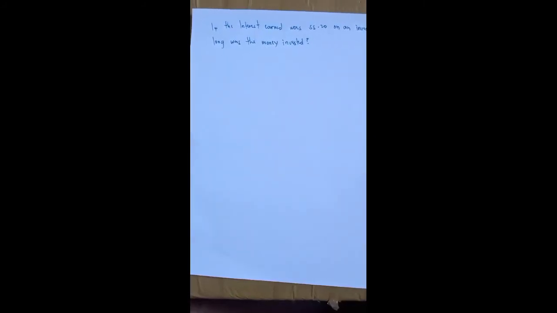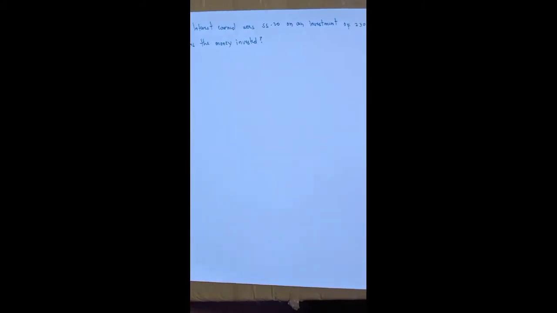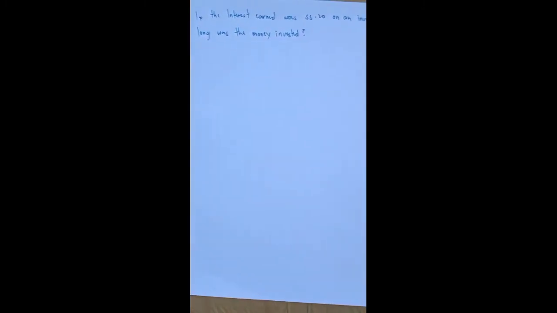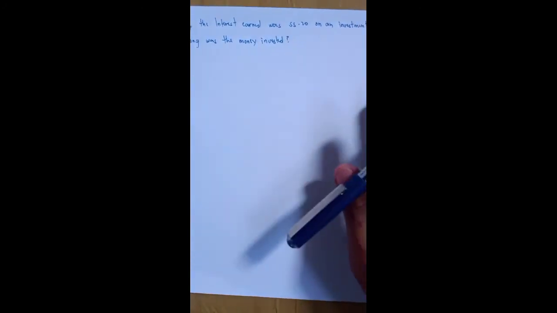Example number 7. If the interest earned was 55.20 on an investment of 230 that has a rate of 3%, how long was the money invested? So in this question, we need to find the time. The formula of that will be I equals PRT.